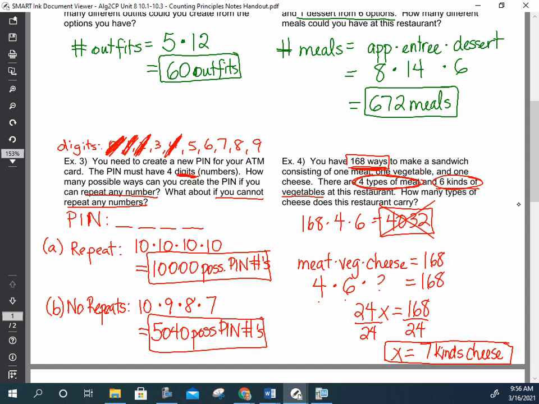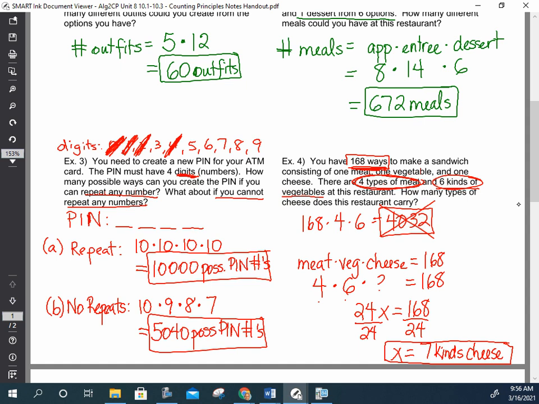It doesn't necessarily mean that you're going to use 9, or 8, or 7. That's just how many you have available. You can make whatever pick you want. Excellent question there.